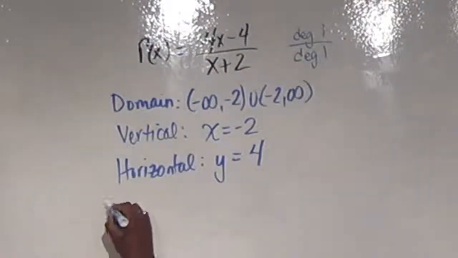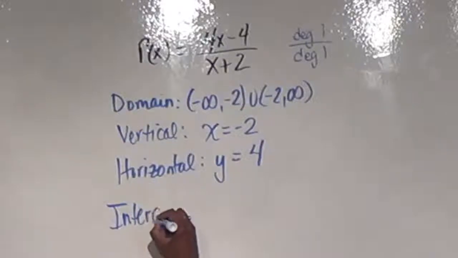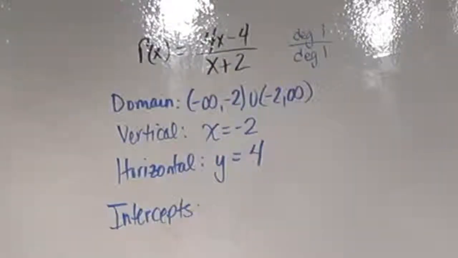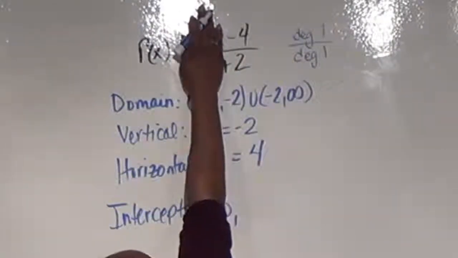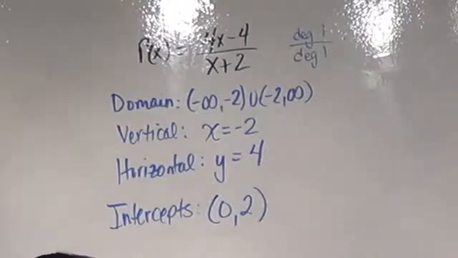For the intercepts, we're going to again set x and y both to 0 and solve. So when x equals 0, we can see we'll get a negative 4 over a negative 2, or 2. And when y equals 0, now this is a nice trick to remember for rational functions.